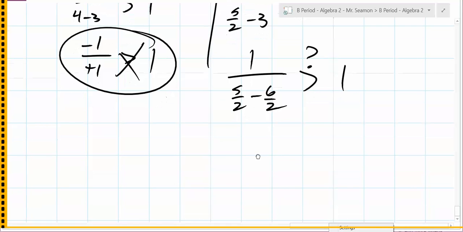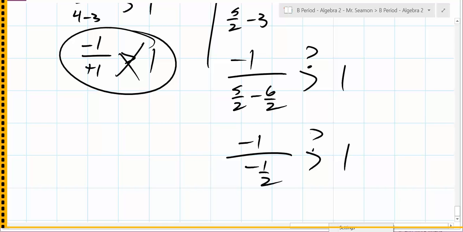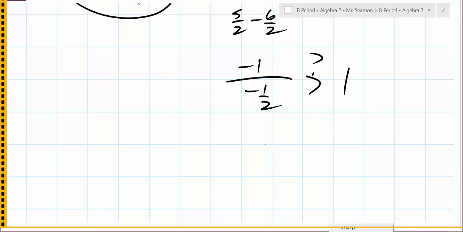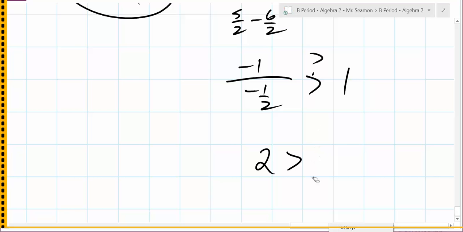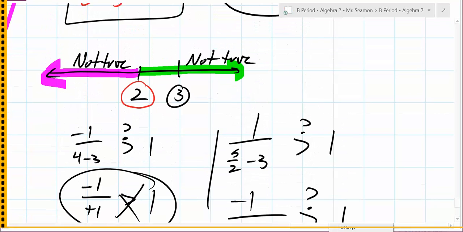Well, what's 5 over 2 minus 6 over 2? Oh, it's negative, sorry. Negative a half. Is that true? What's 1 divided by negative half? 2. Is that true? It is true. So, what's the only part that is true? This is true. So what's the answer to this? X is less than 3 and greater than 2.